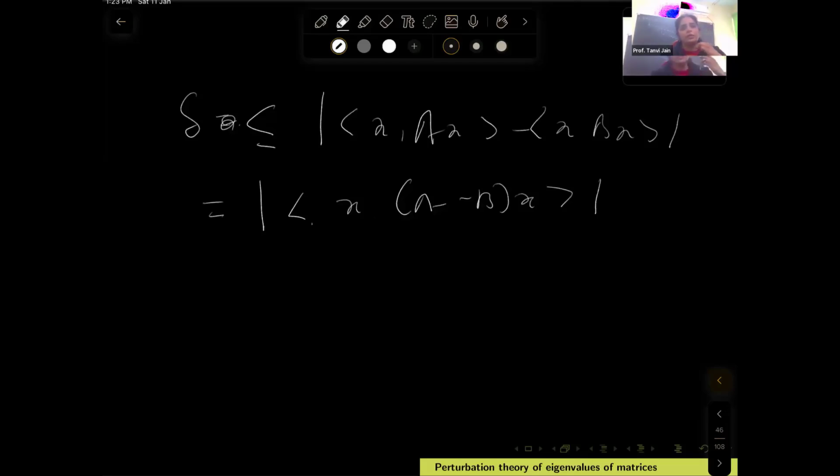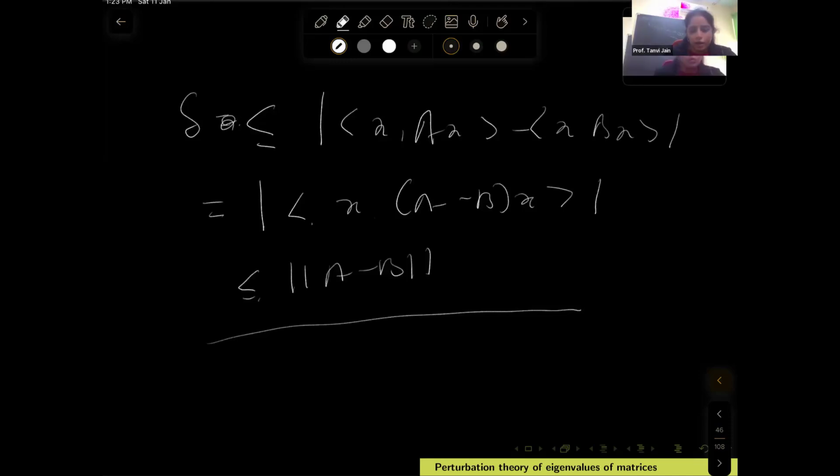We know that this is less than or equal to the norm of A minus B, and that's it. I have this because x is a unit vector.